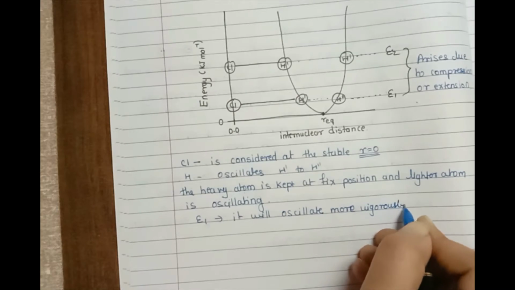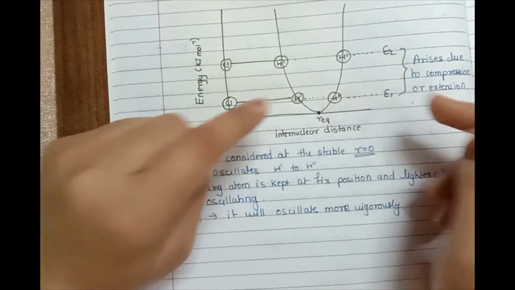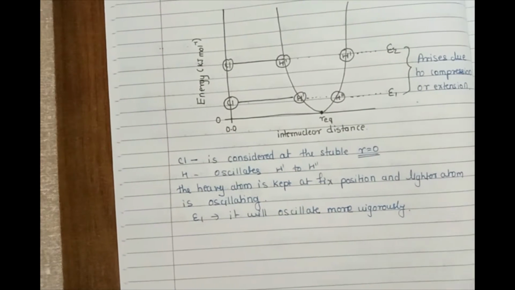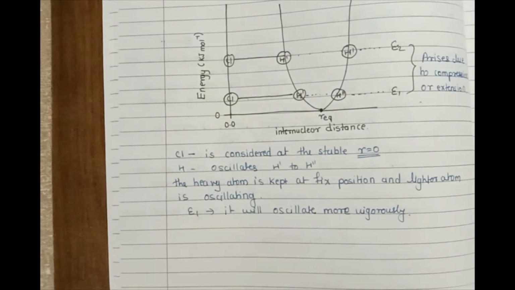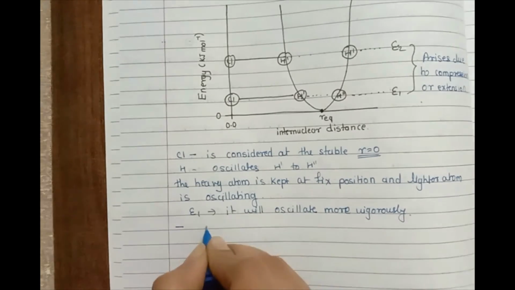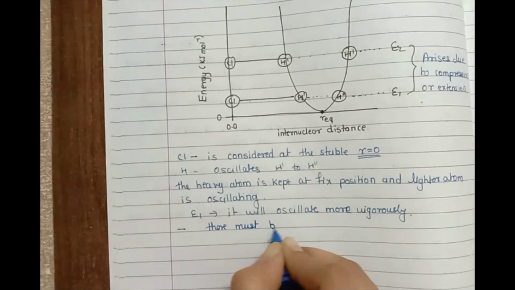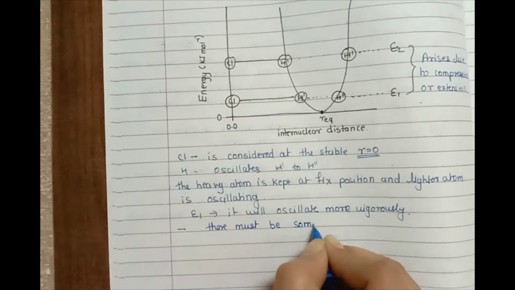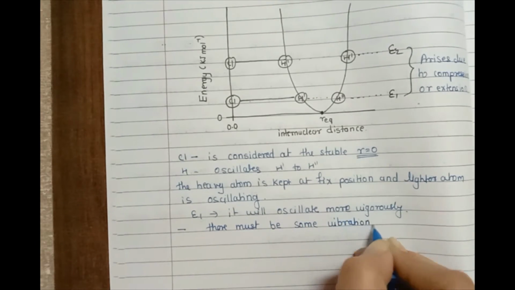Why will it oscillate more vigorously? Because as the energy increases, the molecule becomes unstable. As the molecule becomes unstable, there is a continuous vibration in that molecule. So there must be some vibrational frequency.